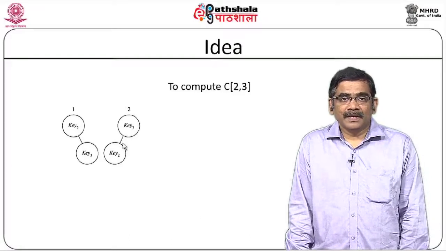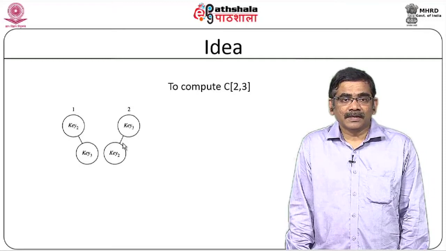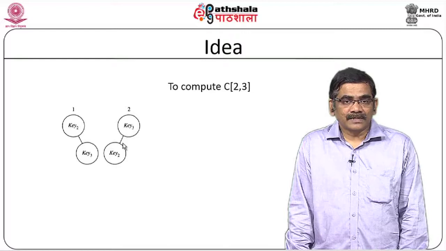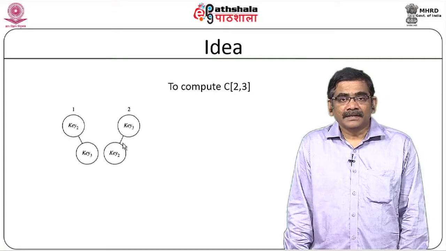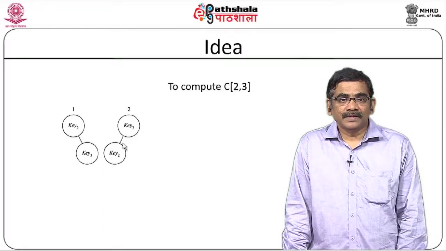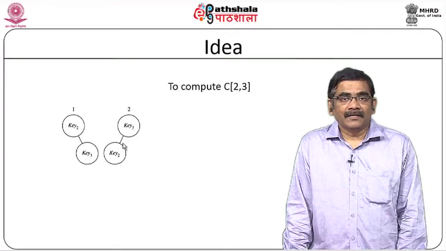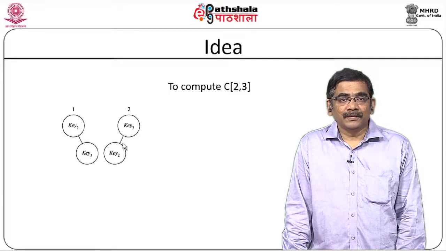Now we have to establish the cost, take the minimum cost, and enter that as the value for C of 2 comma 3. In other words, C of 2 comma 3 is going to contain the minimum over all the possibilities of construction involving keys 2 as well as 3.